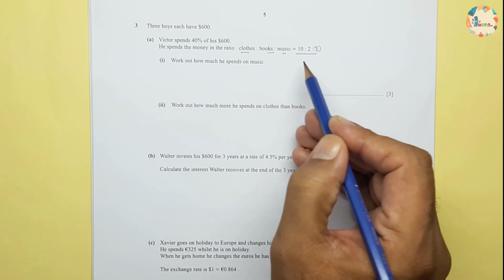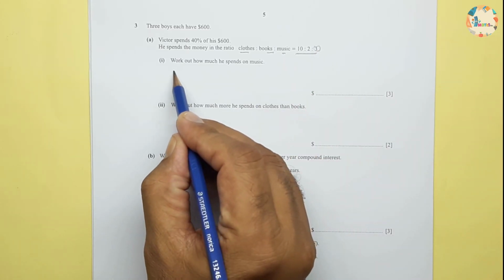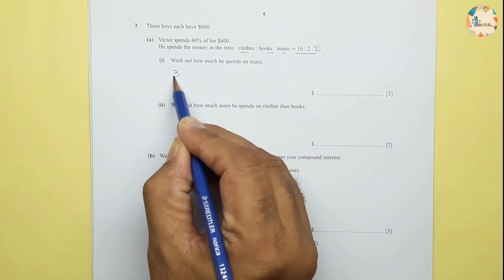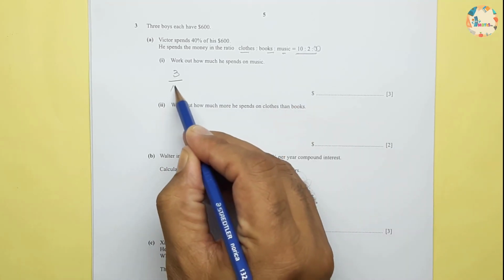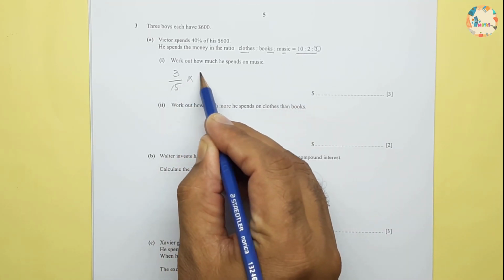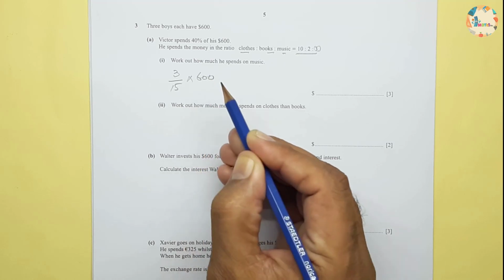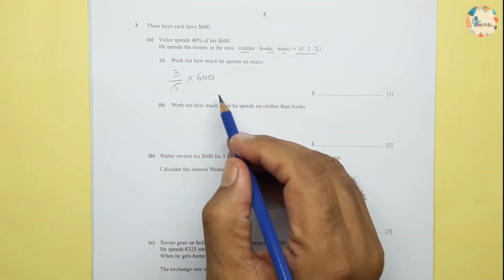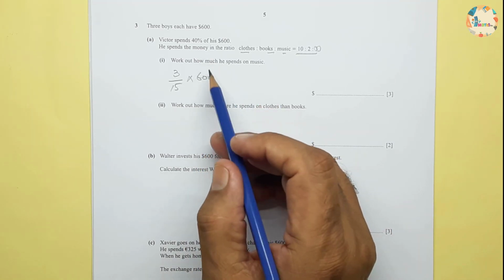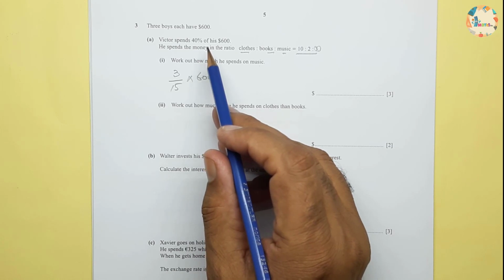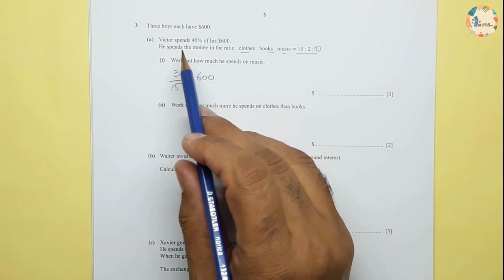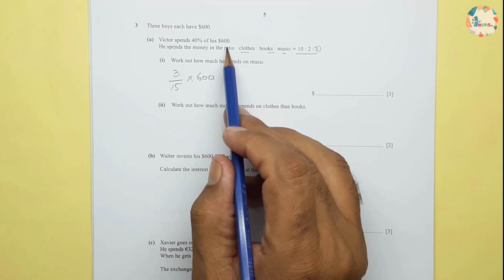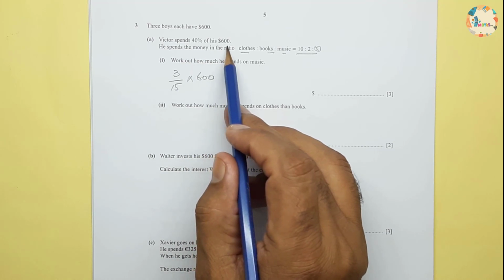So music is 3 out of 15. Total is 15, sum of ratios, of 600. So, no, basically Victor spends 40% of his 600.